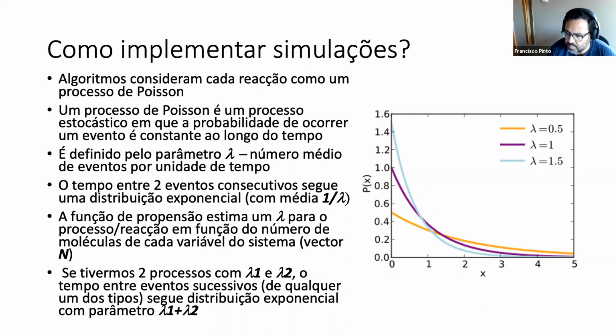And our biological processes, our chemical processes, can be considered Poisson processes if the rate of that process is constant over time. But we know that in our systems, the rates of the different processes are affected by the variables of the system. And so what we are going to do is assume that we compute the propensity function for the process, and that is going to be valid for a short time interval.